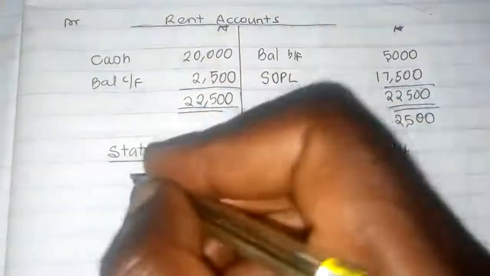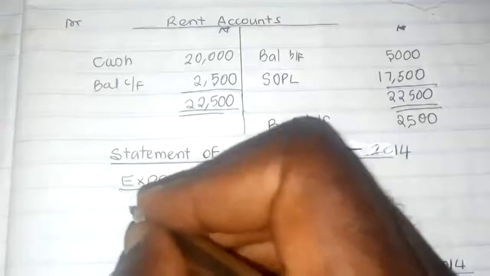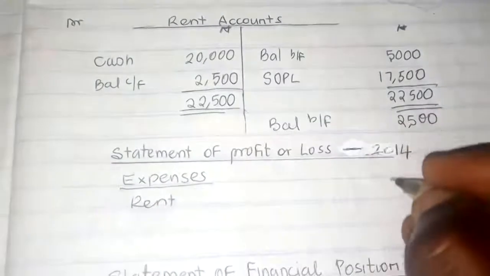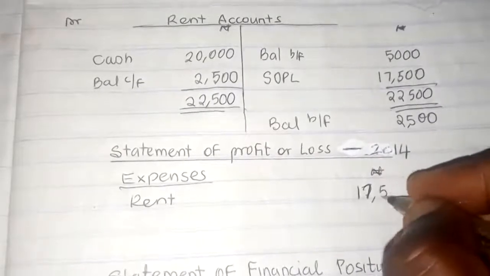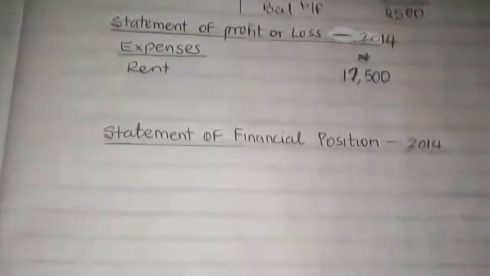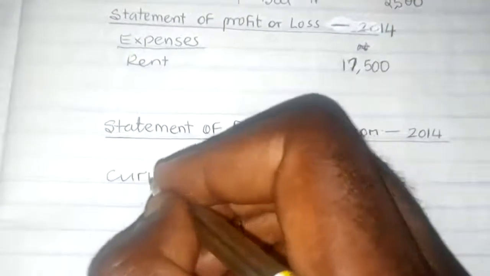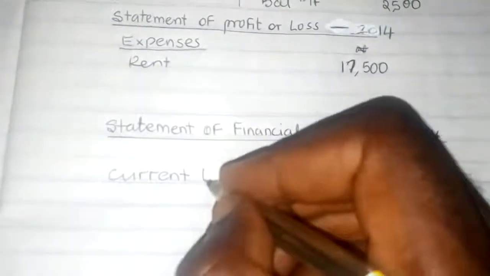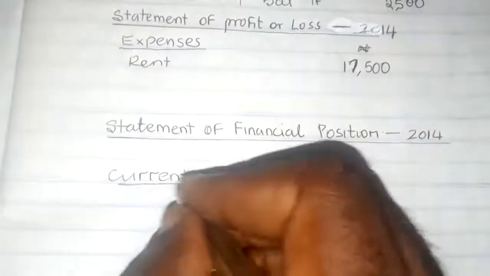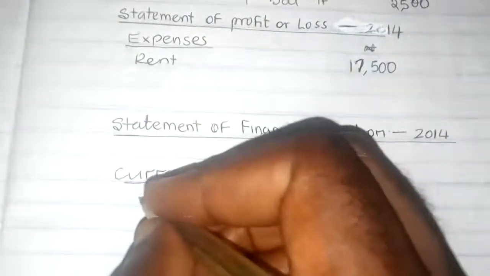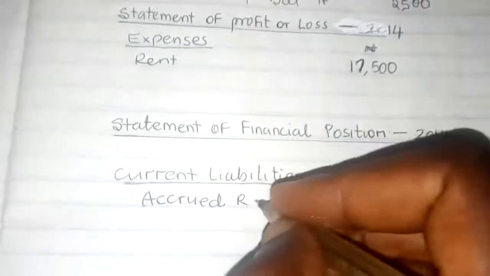Then you come to your statement of profit or loss, under the expenses. So we have rent for the year 2014. The actual rent is 17,500. Then how will it appear in the statement of financial position? Under the subheading current liabilities, we have accrued rents.